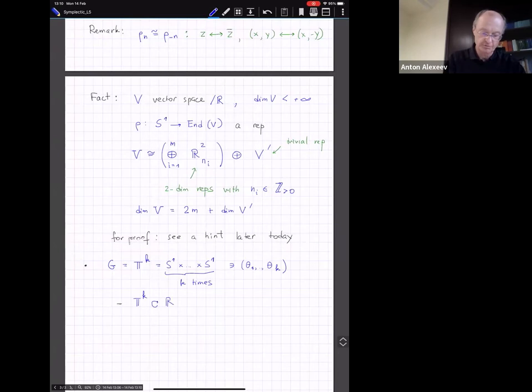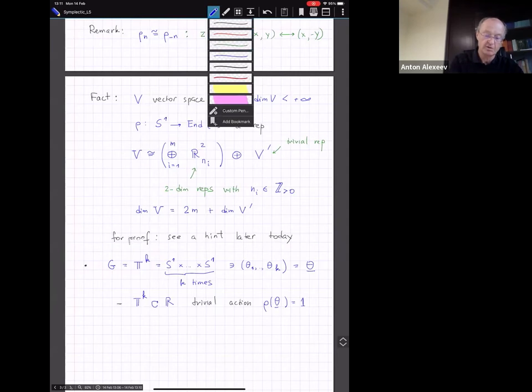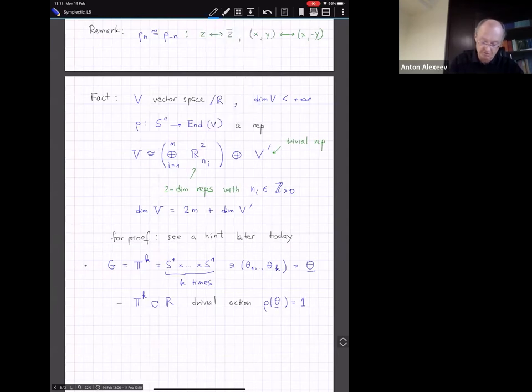So the trivial representation, right? Trivial action. Let me denote it like this: rho of theta equal to 1. And again, there will be non-trivial representations. They are still two-dimensional, acting on R2.